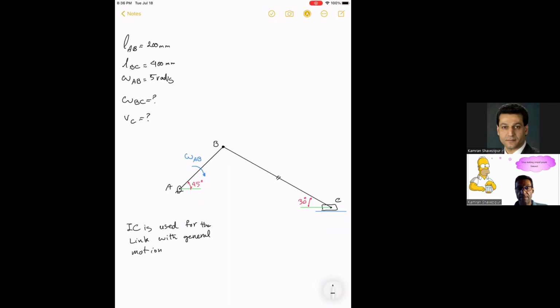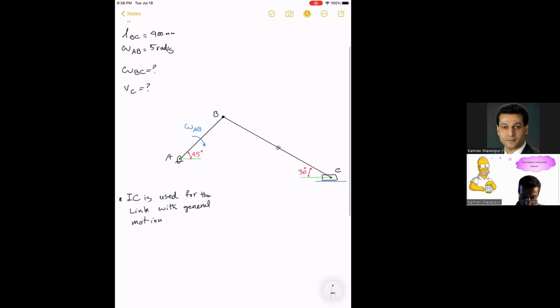You always should have the direction of velocity for 2 points. The direction of velocity for 2 points should be known. And the 2 points are obviously on that rigid body.